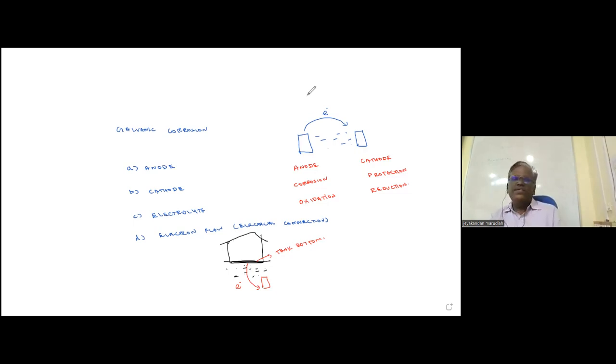To avoid that, I want to reverse the reaction. To reverse the reaction, I am going to install some known material which will be the anode to the tank. So I want the electron flow from the material to the tank. This arrangement is called cathodic protection. That's all.